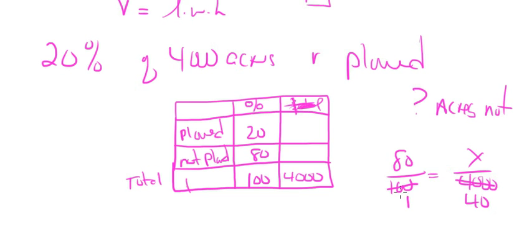Okay, so now we're left with 1 times x is x. 80 times 40 is what? 320. No, you got 2 zeros. 32 plus 2 zeros. So we're saying this is 3,200, and then this must be 800. And guess what? You're absolutely right.